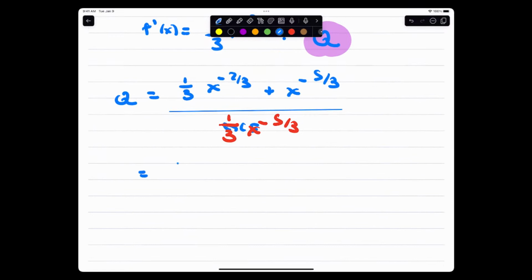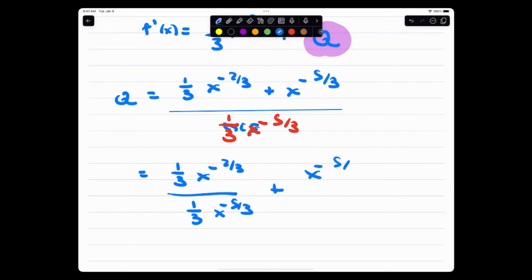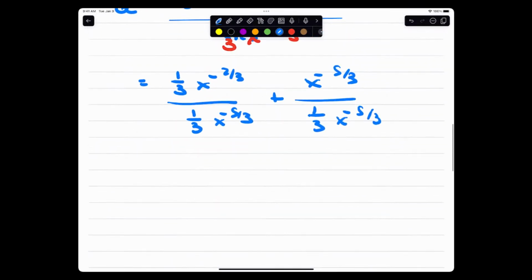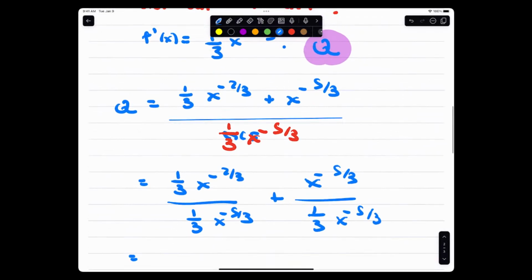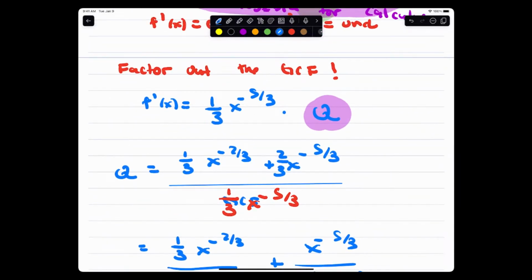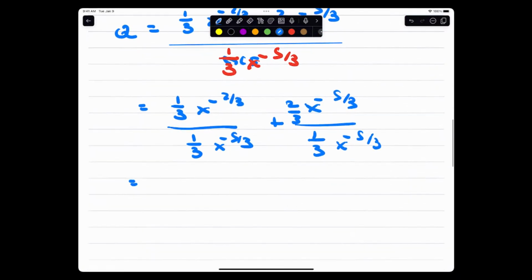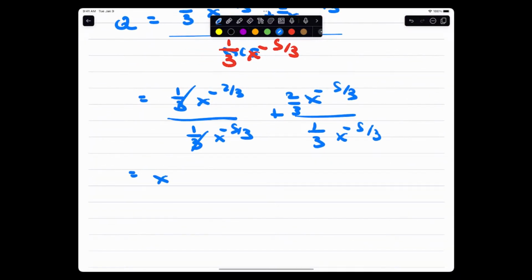So the quotient will be 1/3 x to the -2/3 over 1/3 x to the -5/3, plus x to the -5/3 over 1/3 x to the -5/3. So this quotient we're going to find, and I think there was a 2/3. Okay. Algebraically speaking, that's x to the -2/3 plus 5/3, plus 2, because this cancels here. 1/3 divided by 2/3 is 2.